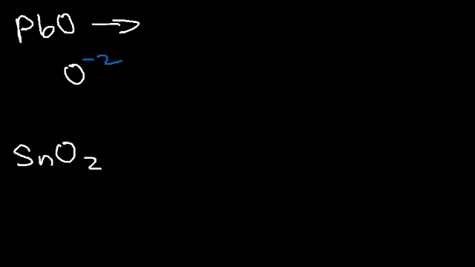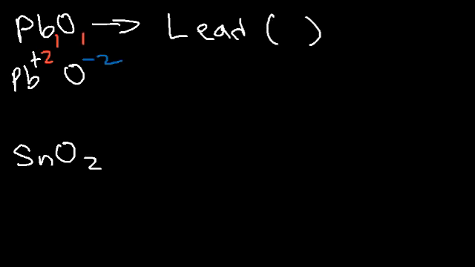That means Pb has to have a +2 charge. Since these two are in a 1-to-1 ratio, that means the charges are the same, even though the sign is opposite. So this is going to be called lead(II) oxide.